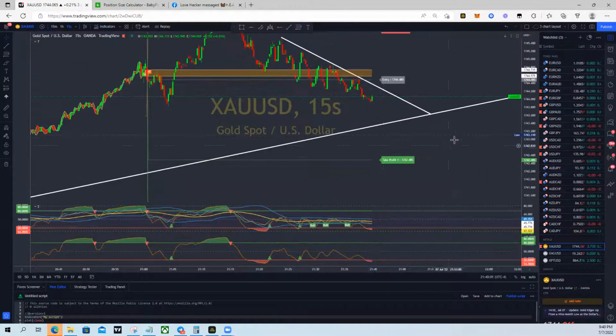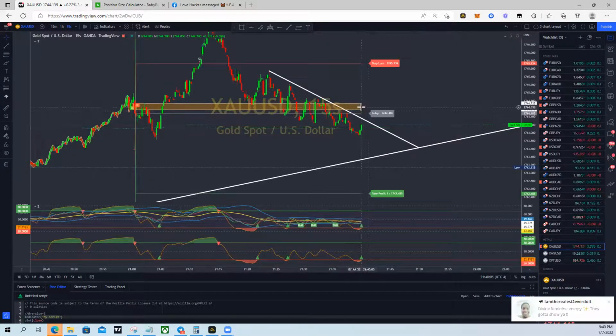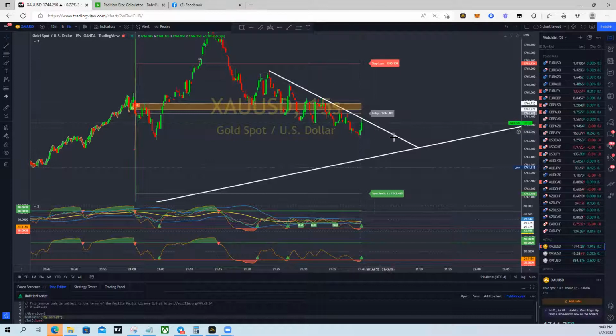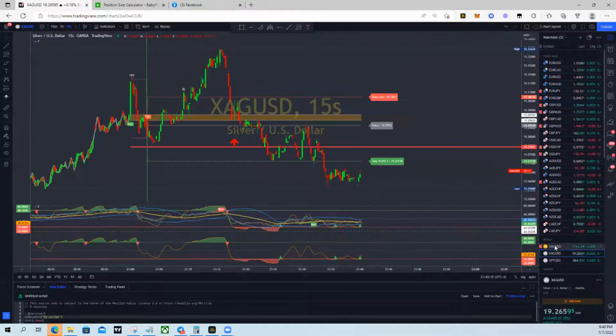Let's see if we can get this. We can get a nice pullback, give us an entry here. Aaron, unmute yourself.